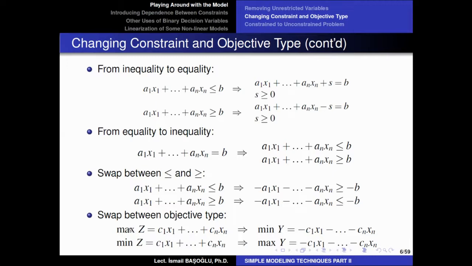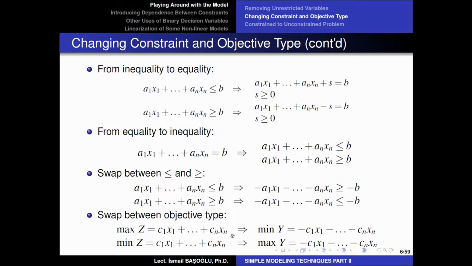Then finally, we can change the objective type. If you have a maximization problem where the objective value is equal to the sum of activity levels or the sum of cost components, let's say, here in this example we see a linear function of the decision variables.